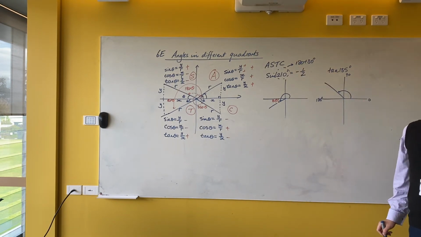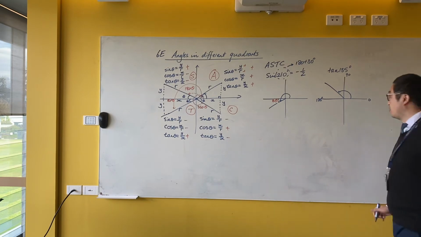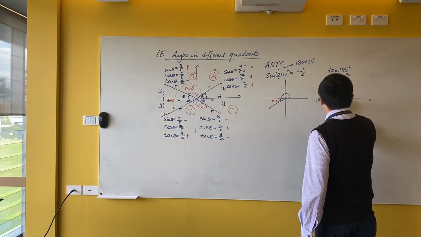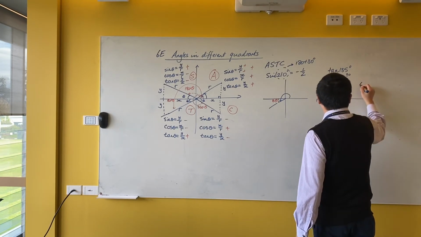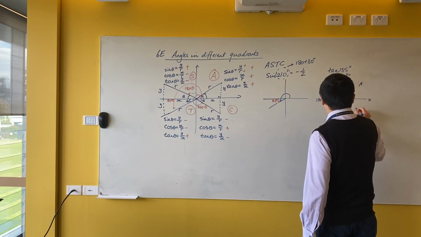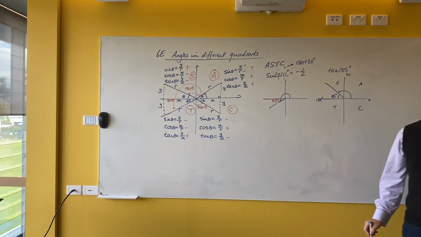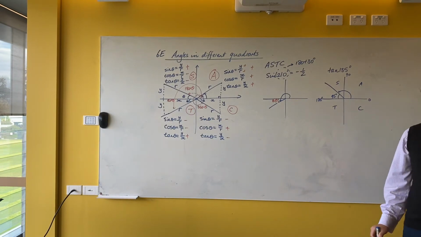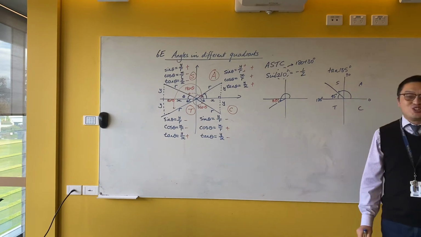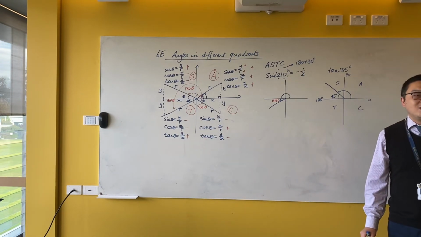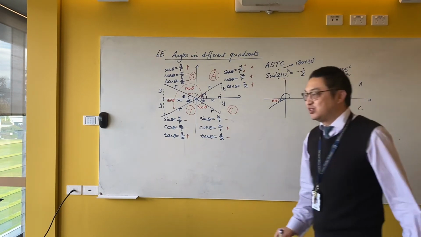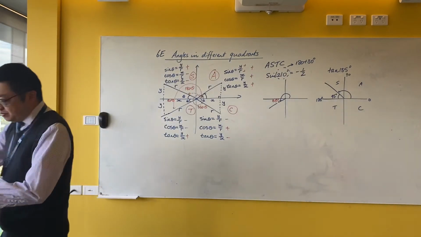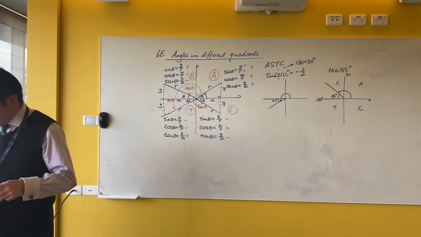Yeah, that's 135. So what's the reference angle? Reference angle is 45 degrees. ASTC, sine 45 is positive. Sine 45 is a half root 2. And so sine 135 is positive, root 2 over 2. Very good.